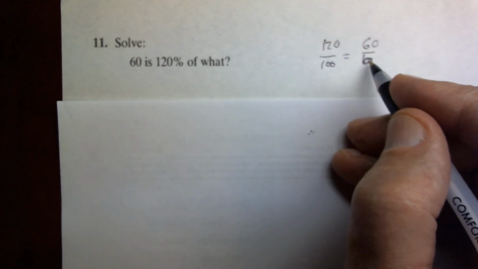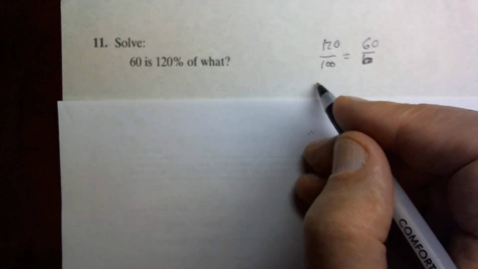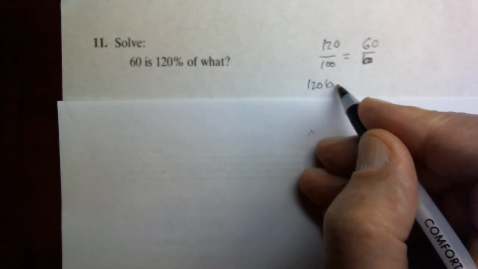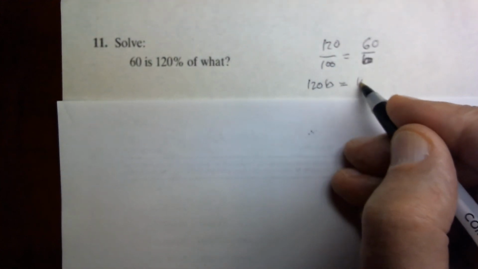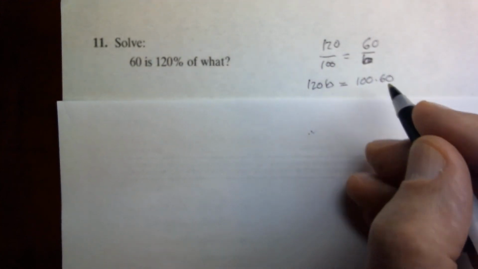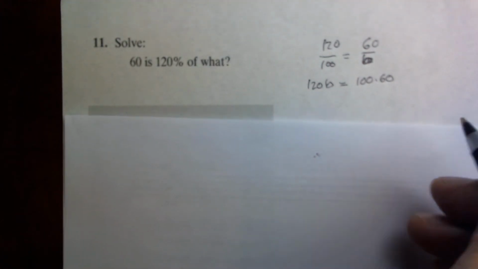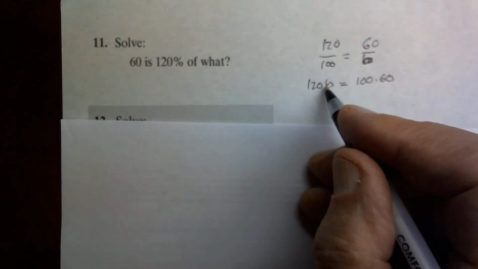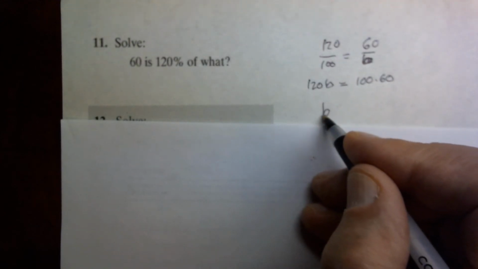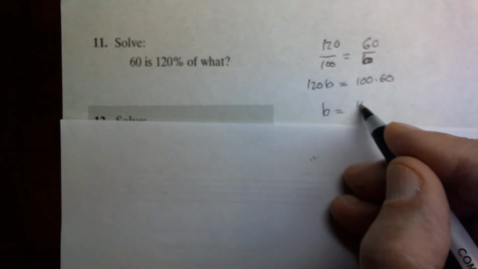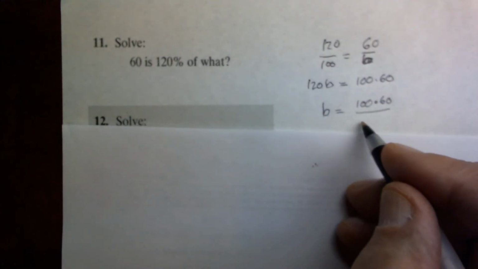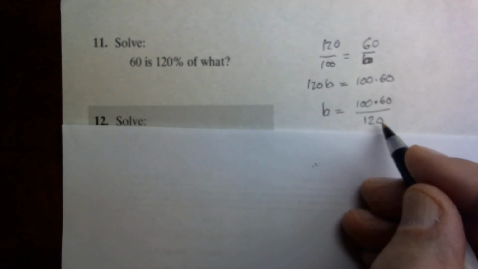So we cross multiply: 120B equals 100 times 60, and then we divide both sides by 120 to isolate B. So B is equal to 100 times 60 divided by 120.